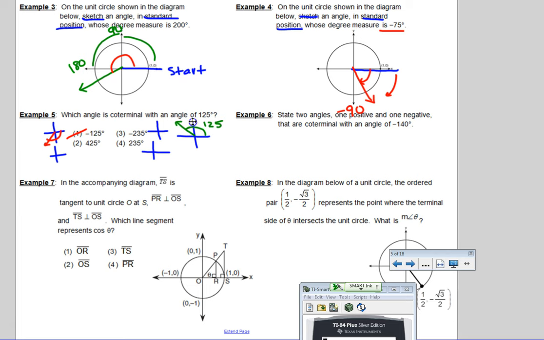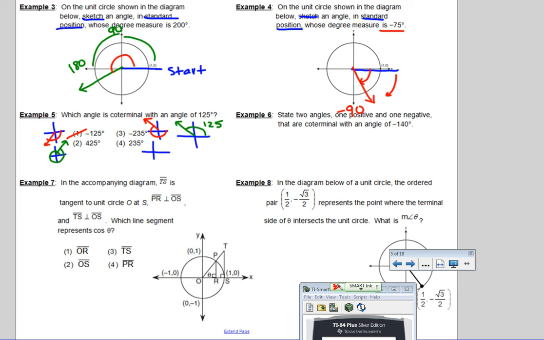425 is a positive angle. It's a complete circle at 360, and then another 65 degrees for 425. So that's what 425 would look like. This means a circle and a little bit more. And those don't land in the same spot. Negative 235, choice 3. Well, that's negative 90, negative 180, and negative 235 would land right there.